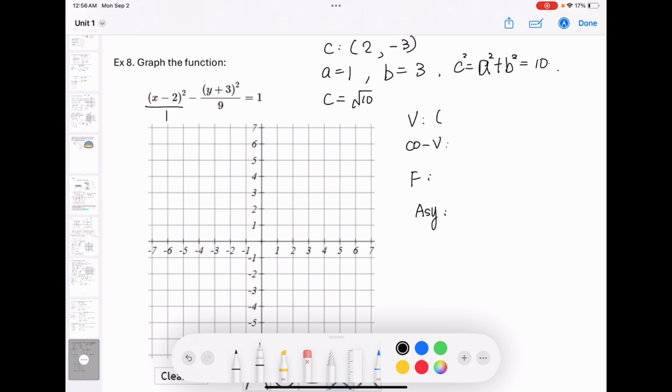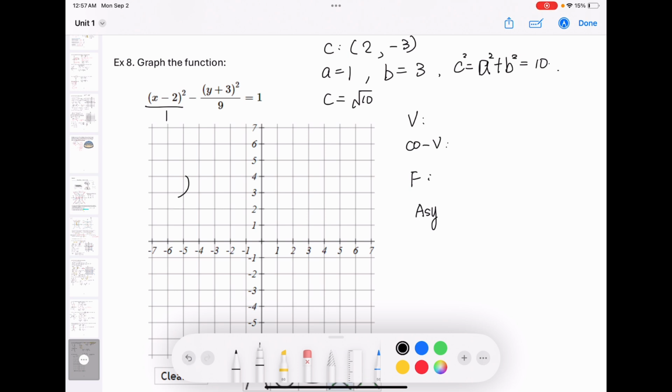Okay, before that, let's decide the shape of our hyperbola. So the x minus 2 squared is positive, so my transverse axis is parallel to the x-axis. It's a horizontal line.